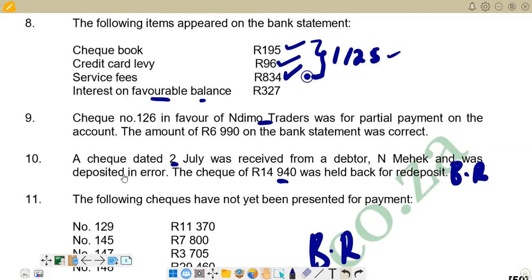That is number 10. A check dated 2 July was received from a debtor, NMEC, and was deposited in error. The check of 40,940 was held back for redeposit. So whenever a check is being held back for redeposit, it means we have to adjust it by putting it on the credit side of the bank reconciliation. So we are going to the credit side of the bank reconciliation.